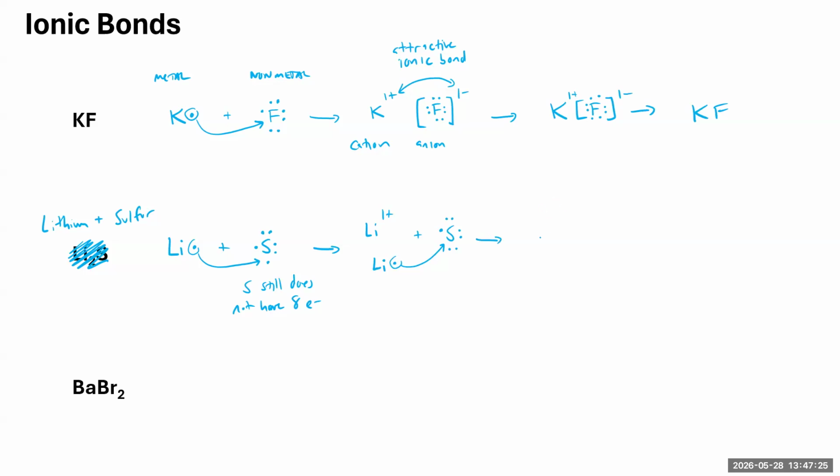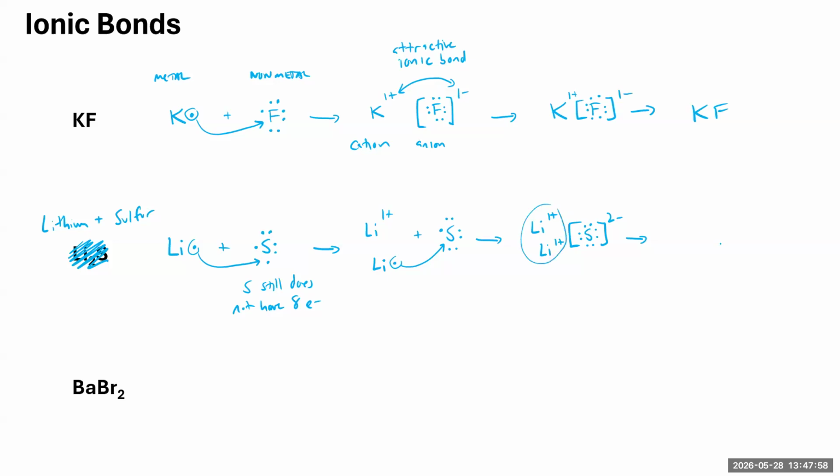So then it becomes lithium 1 plus, lithium 1 plus, and then now we have the sulfur. It has 1, 2, 3, 4, 5, 6, 7, 8. We have a 2 minus, right? And that's now a neutral compound, right? And so you can write it, right? These positive charges probably won't be next to each other, so it's going to look like this.